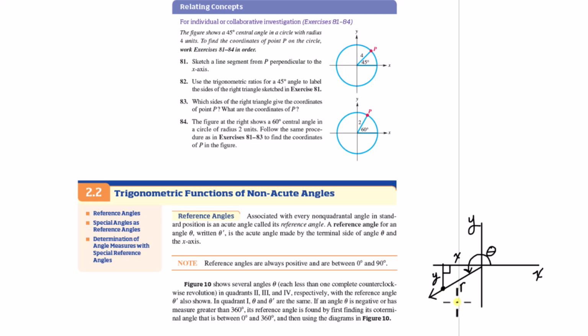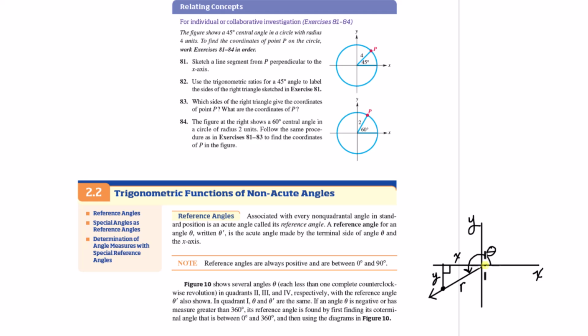It's all proportions, right? You can pick any radius you want. So if you know this is 30 degrees, we'll just put the radius to be 2. If the radius is 2 and this is a 30-60-90 triangle, then this would be 1 and this would be root 3, but you put in the signs. So the reference angle can help you if you don't have side lengths for the triangles.